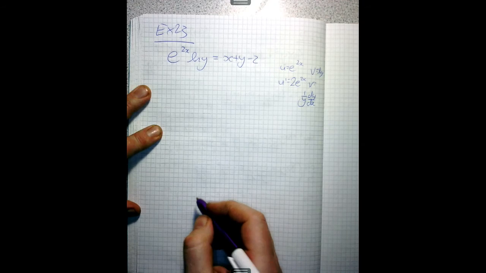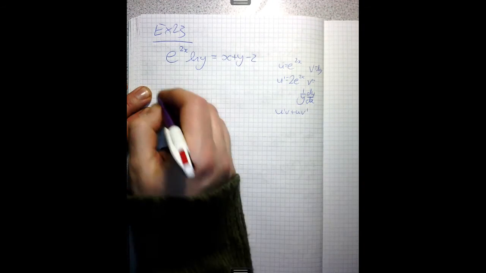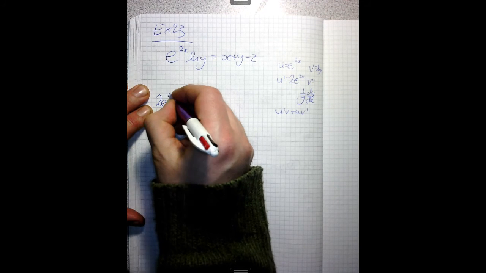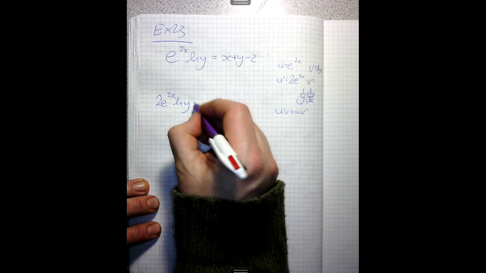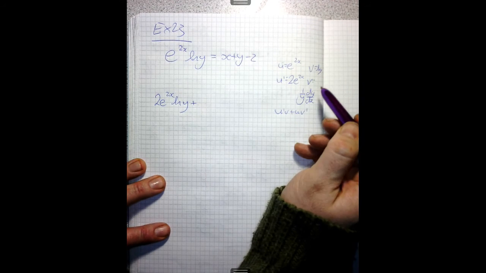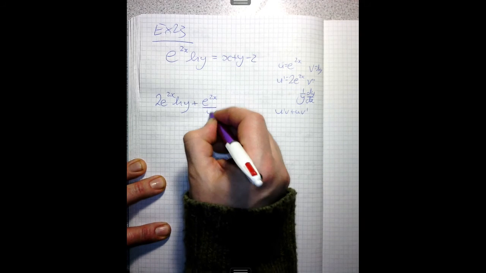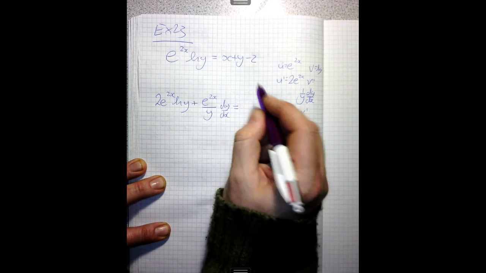And it's u dash v plus u v dash. So u dash v, 2e to the 2x log y, plus u v dash, e to the 2x over y dy/dx. The right hand side is straightforward enough.